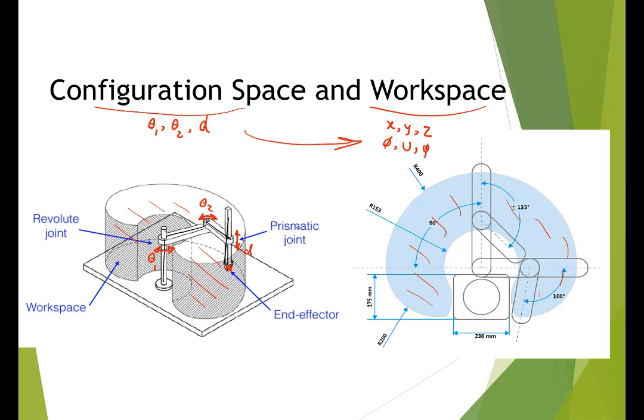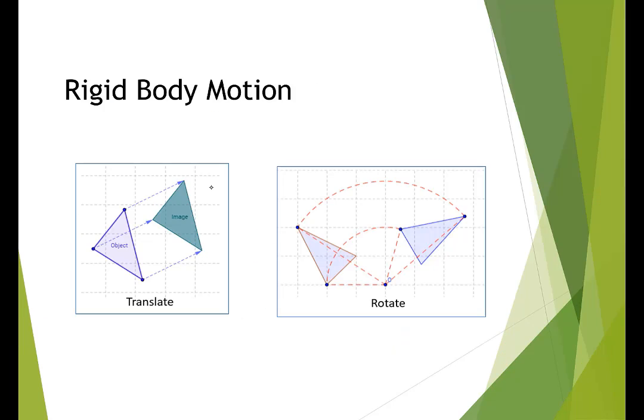If we want to give a mathematical description of a rigid object, it is an object that if you select two arbitrary points on it, the distance between these two points never changes no matter how this object moves. This is a rigid object, it never deforms.